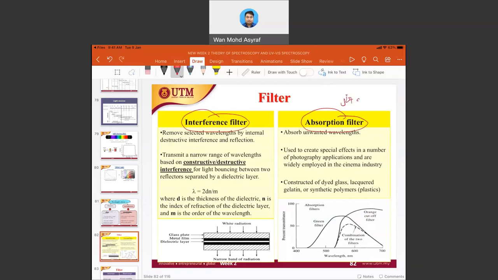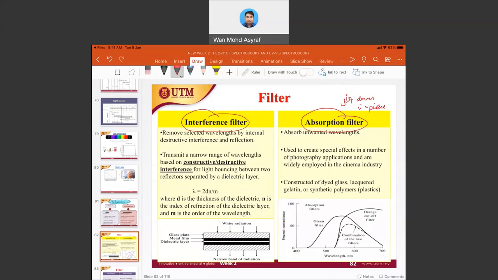Jot down on a piece of paper, the same paper as your exercise before this, which is the difference between cyclohexane and benzene. So jot down on the same paper as well, it's okay. You can just upload it in e-learning later on.